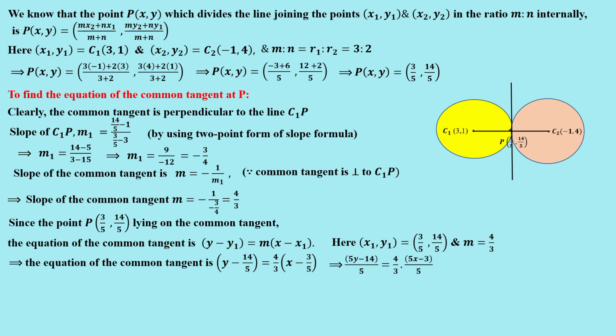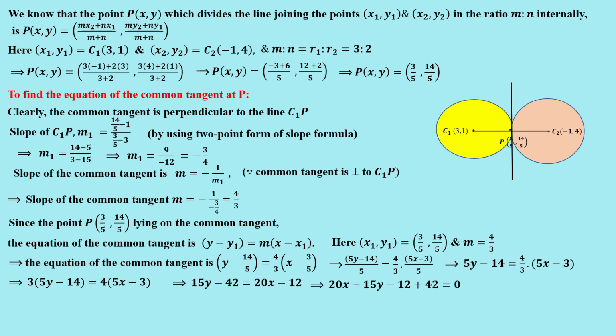Simplifying, taking the LCM on the left side and right side: (5y - 14)/5 = 4/3 × (5x - 3)/5. The 5 and 5 get cancelled, so 5y - 14 = 4/3 (5x - 3). Doing the cross multiplication, 3(5y - 14) = 4(5x - 3). So multiplying, 15y - 42 = 20x - 12.